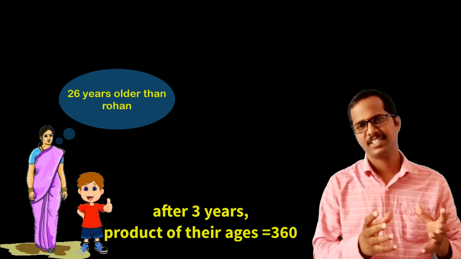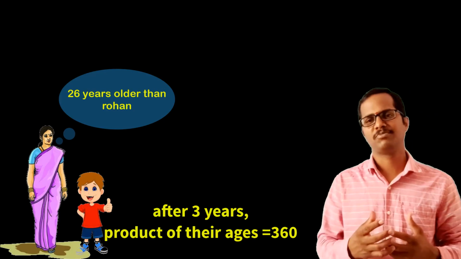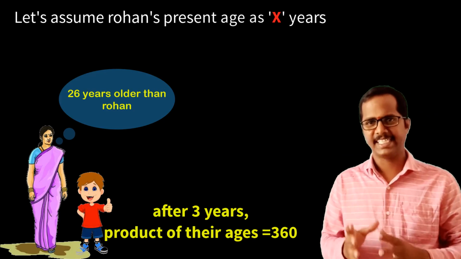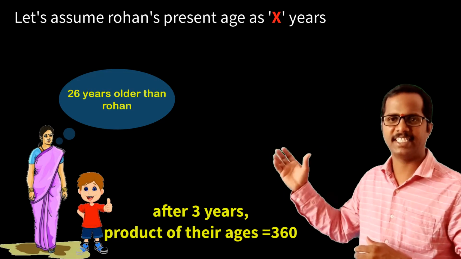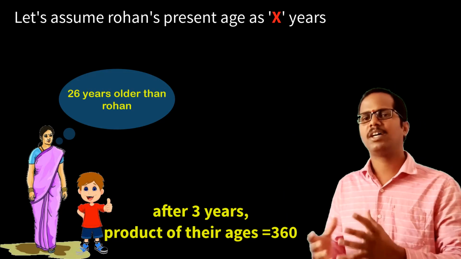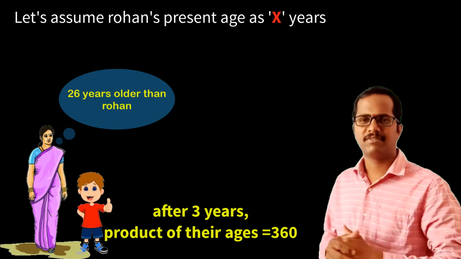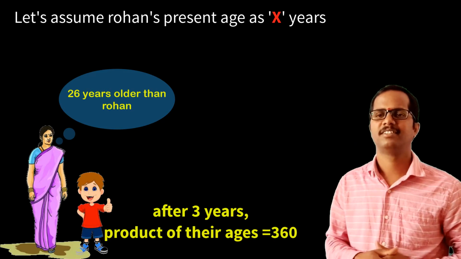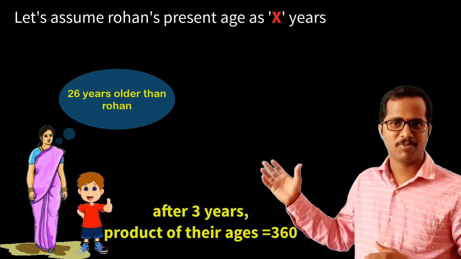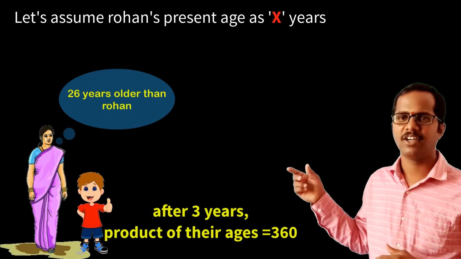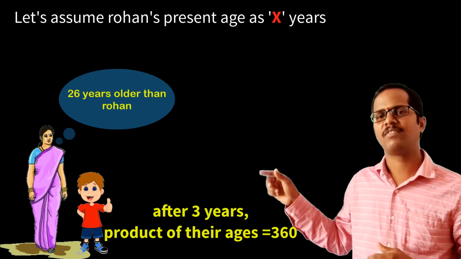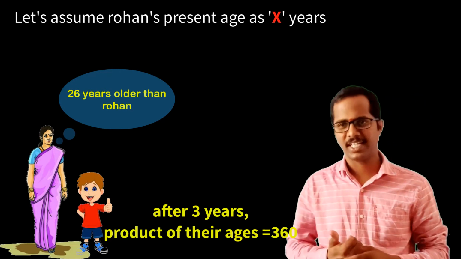So for that, we have to assume Rohan's present age as x years. Then what will be the present age of his mother? His mother is 26 years more than Rohan. So if we add 26 to the present age of Rohan, we get his mother's age.